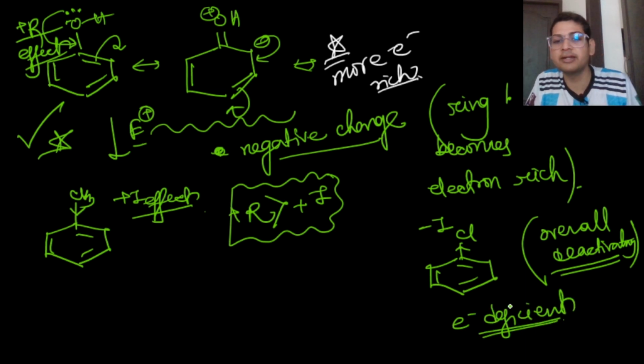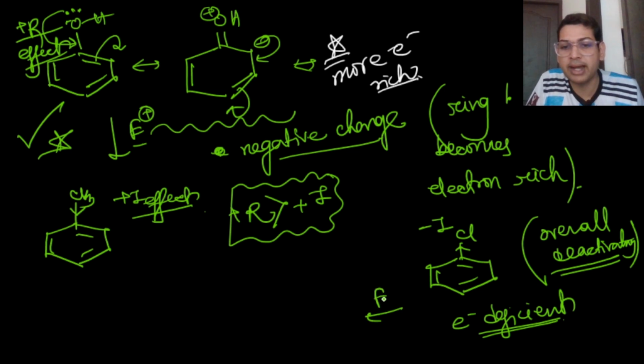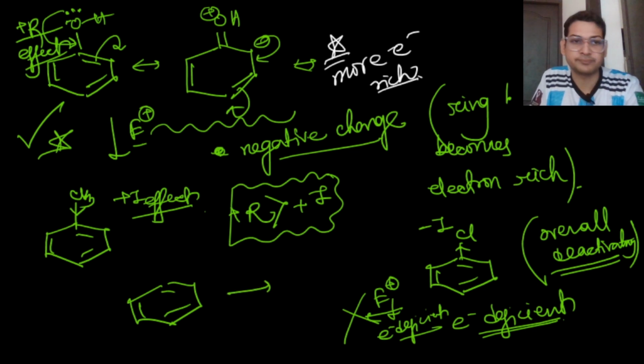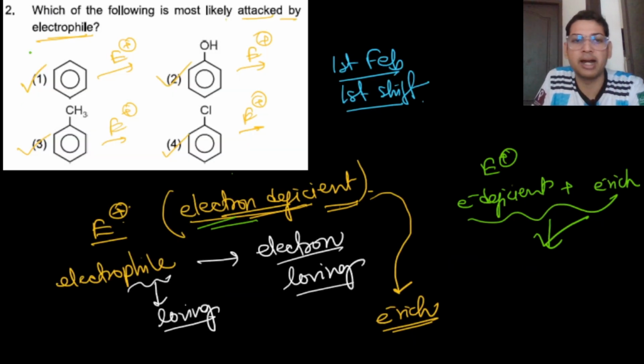The ring is deficient, so it will not react with E plus, because E plus is also electron deficient. In the case of benzene there is no such effect, it is normal. Here it is plus R effect, here plus I effect, and here predominantly minus I effect.